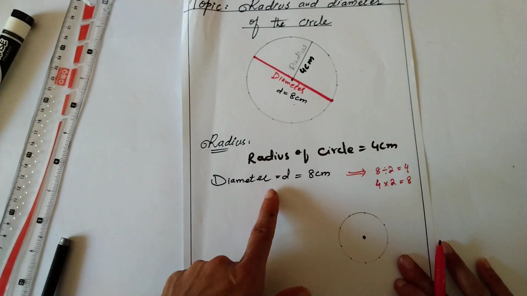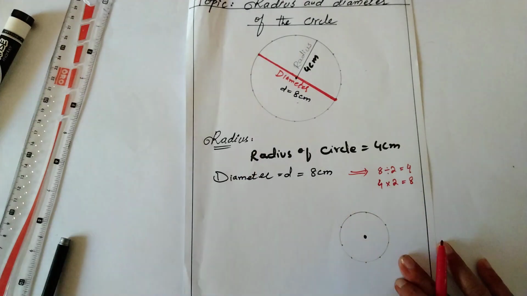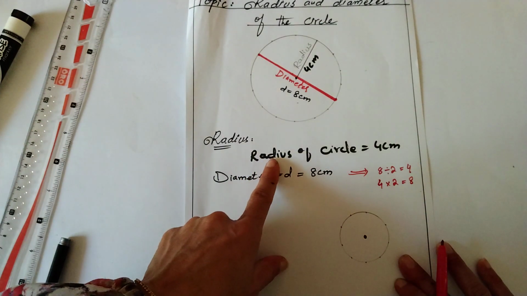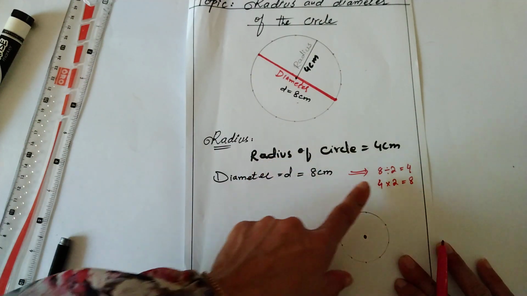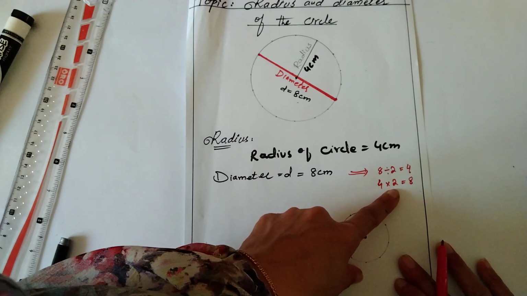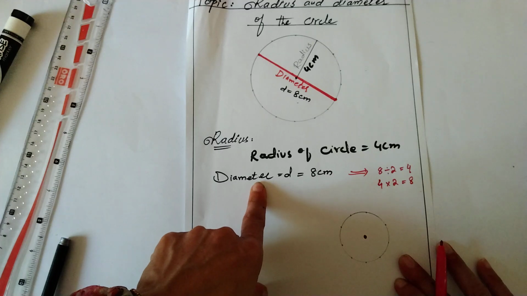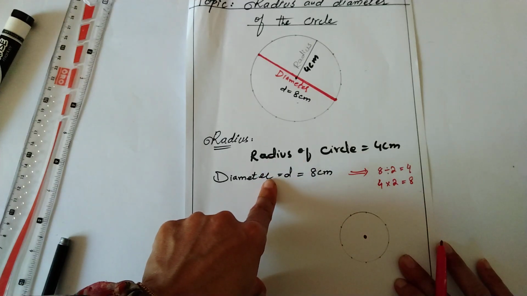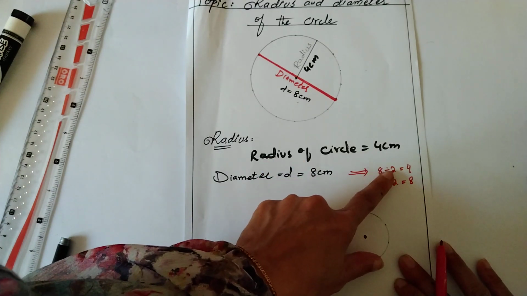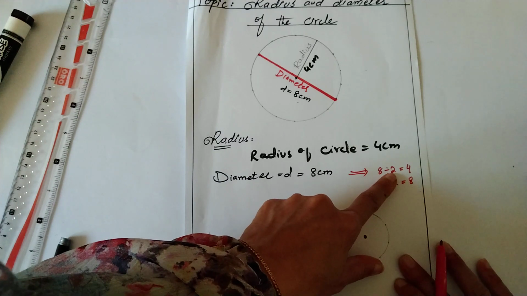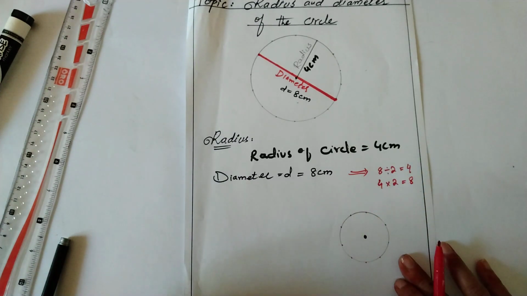Clear? So to find the diameter of the circle by radius, you will multiply the radius by 2 to get the double of the radius. And to find the radius of the circle from the diameter, you have to divide the diameter by 2 to get the half of the diameter.